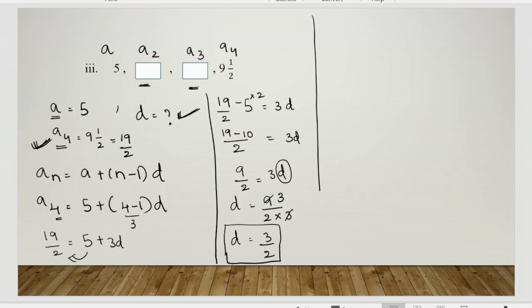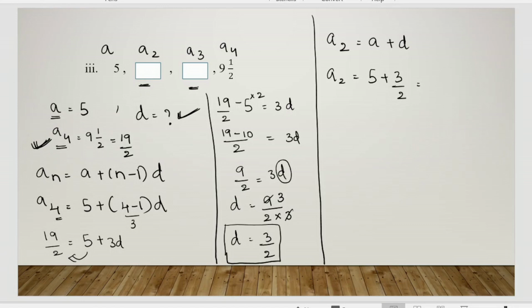Let us find the second term and the third term. We know the first term, right? So how do you find the second term? If we add the common difference to the first term, you will get the second term. So A2 is equal to A, which is 5, plus the common difference 3 by 2.